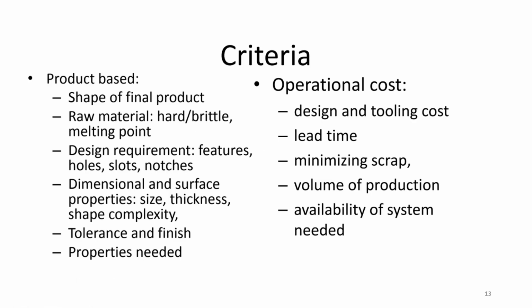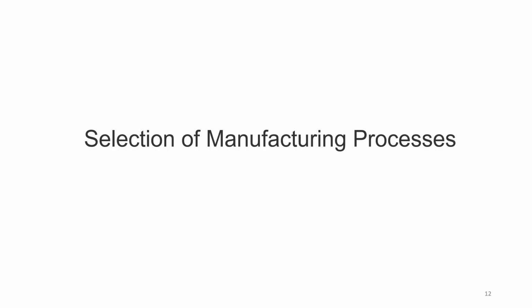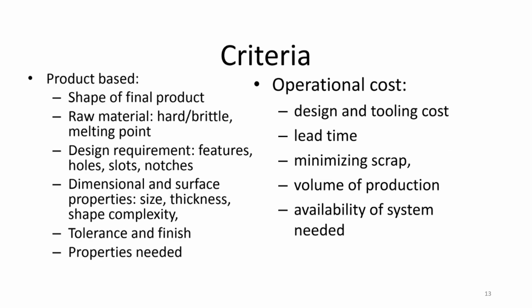Now I'll be going through lecture notes once again for those who joined late. Okay, so firstly, how we select the manufacturing processes. This can be based on either products or cost.